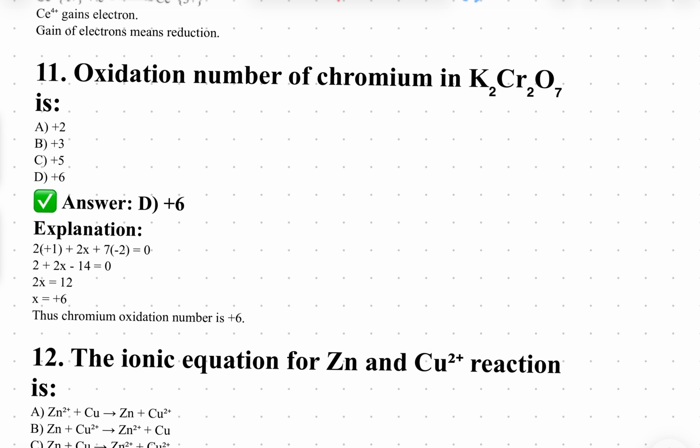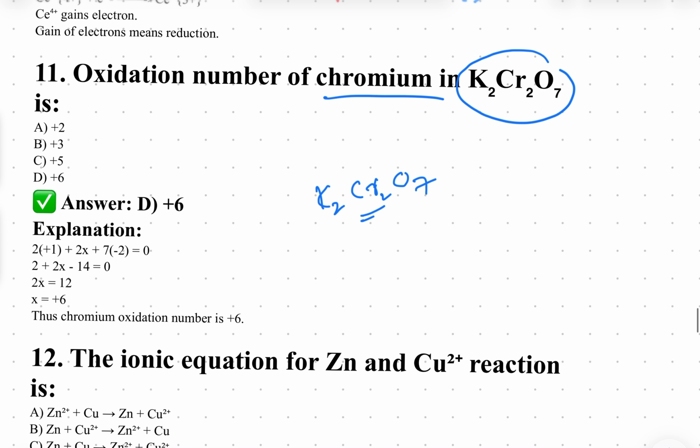Oxidation number of chromium in potassium dichromate. Very easy. K2Cr2O7. Here they are asking chromium. You can take chromium as X. Potassium 1, two chromiums: 2X plus 2 for potassium, oxygen 7 times minus 2 is equal to 0.